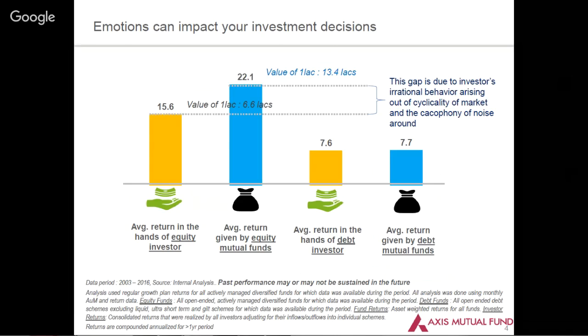So this is, in a sense, the background, the reason why we feel investors need hand-holding, help, support, and guidance in managing their equity investments across cycles. And that help can come in a number of ways.